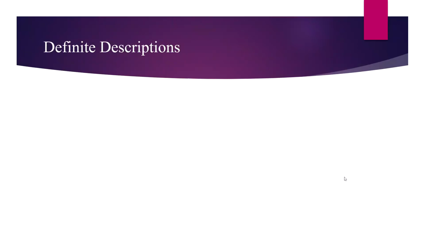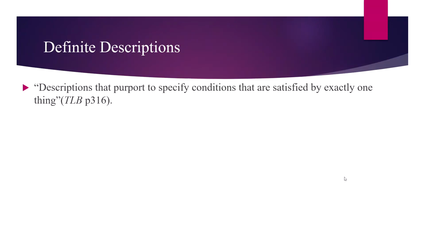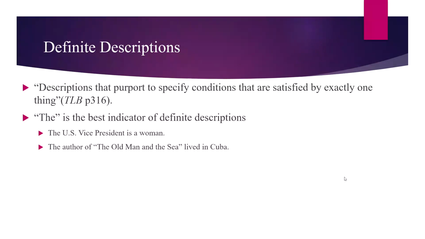So definite descriptions are descriptions that purport to specify conditions that are satisfied by exactly one thing. The best indicator of definite descriptions is the word the. So if we say the US Vice President is a woman, when we say the US Vice President, we don't just mean a person who is a US Vice President. We mean there is the specific condition of being the US Vice President that is satisfied by exactly one thing.